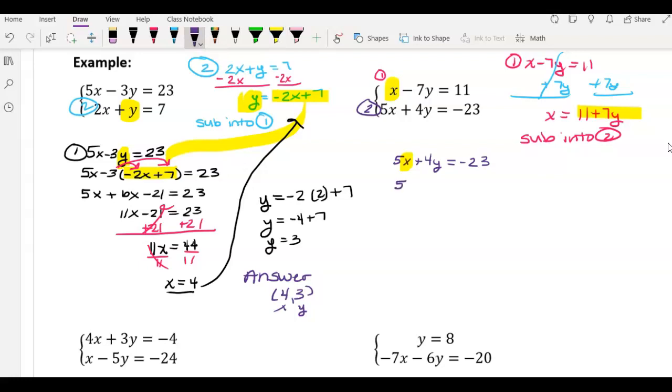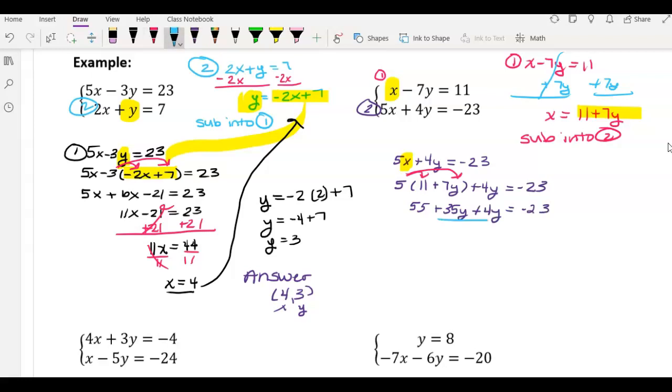So we get 5 times 11 plus 7y plus 4y equals negative 23. We're going to distribute the 5. When that happens, we get 55 plus 35y plus 4y equals negative 23.